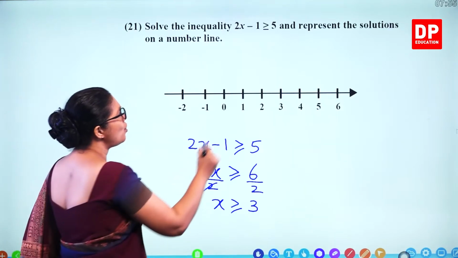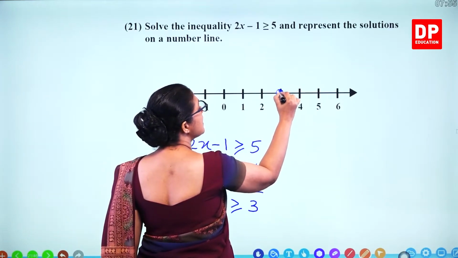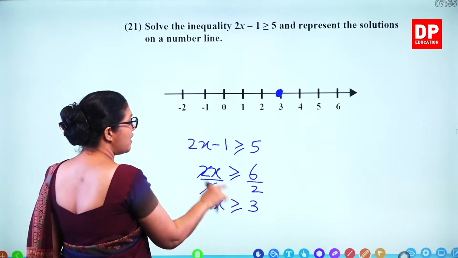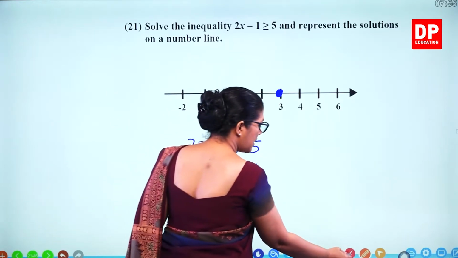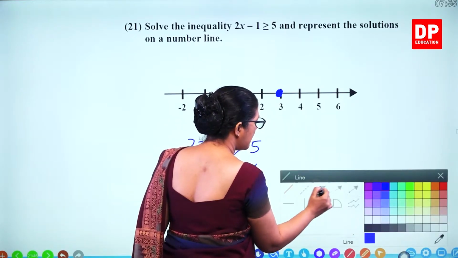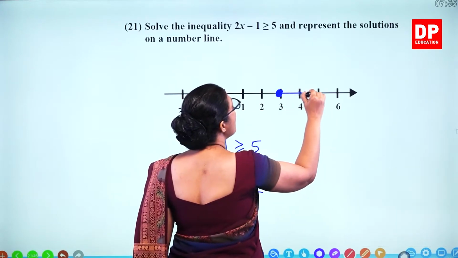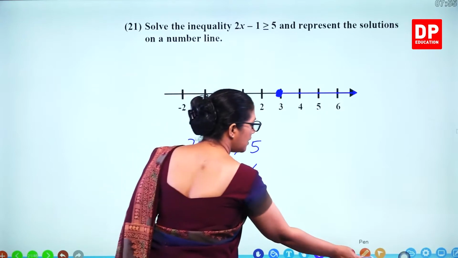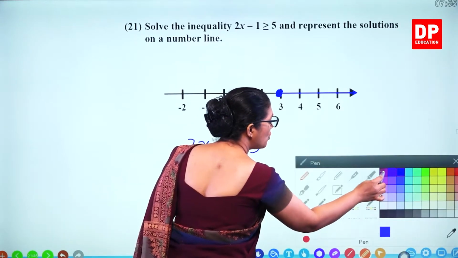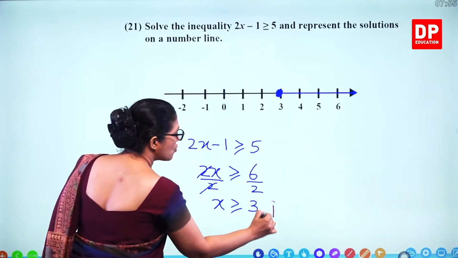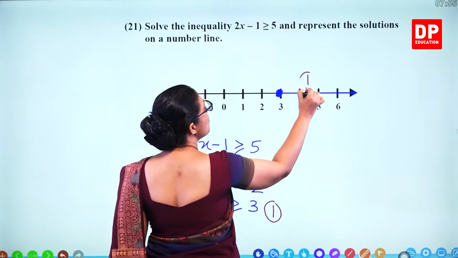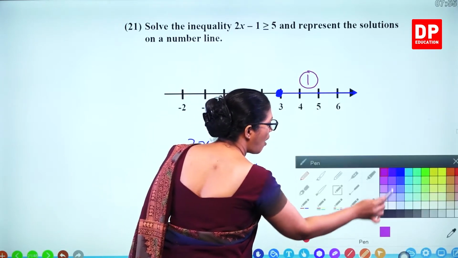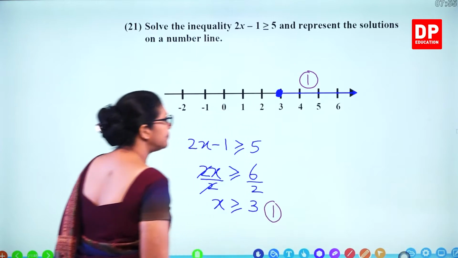So what we do? We draw a solid circle there and then greater means right hand side. So we can draw an arrow to the right. That's the number line. So 2 marks, 1 mark for solving the inequality and 1 mark for showing on the number line.